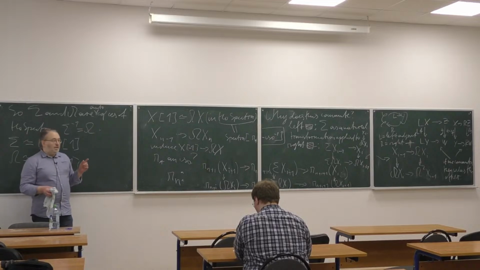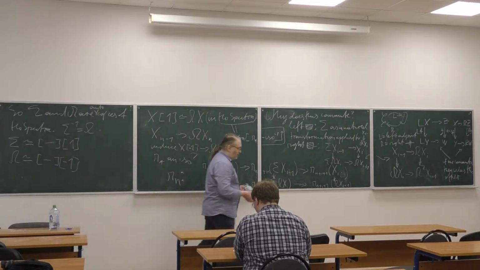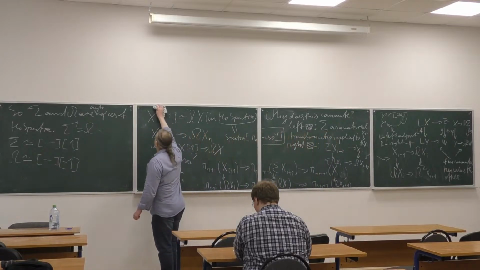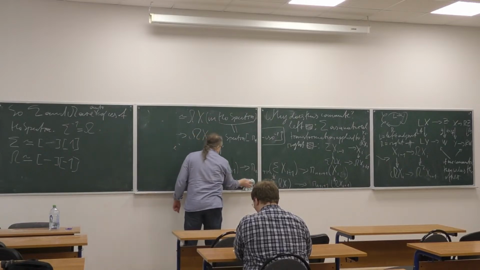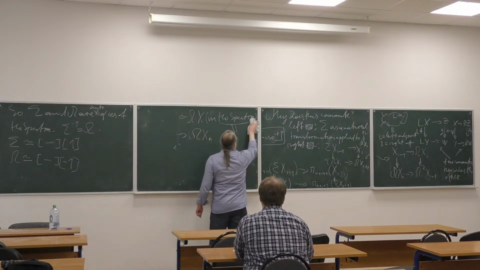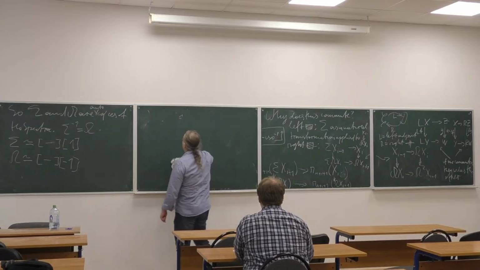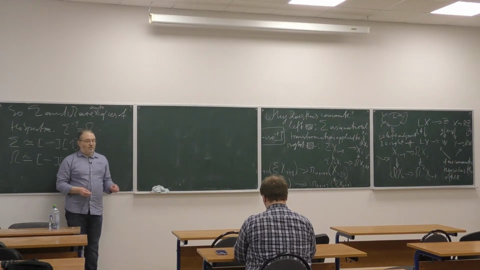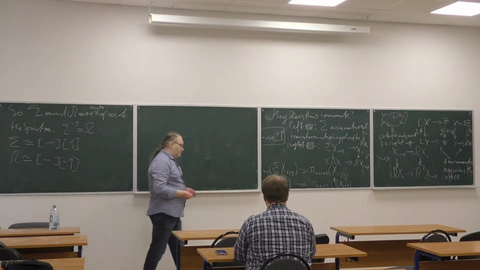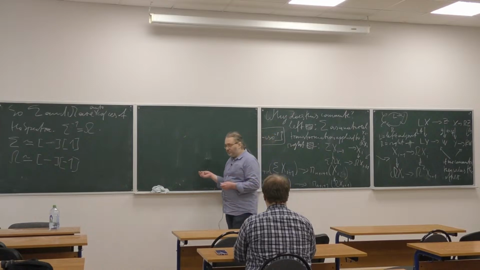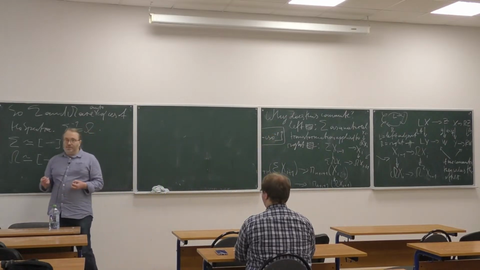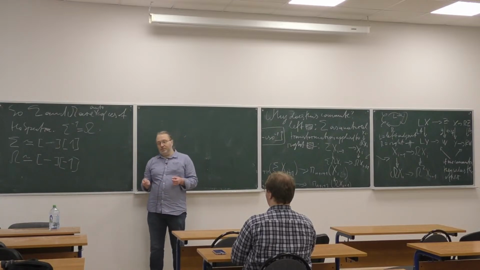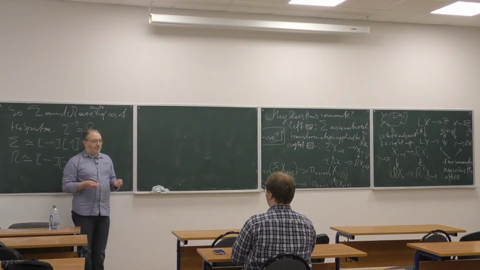For example, last time we talked about CW spectra and omega spectra, and as an illustration of these notions, let's prove that every spectrum is homotopy equivalent to a CW spectrum and to an omega spectrum.